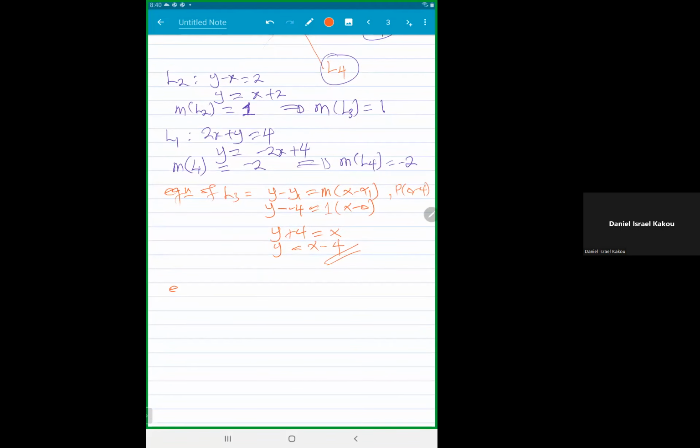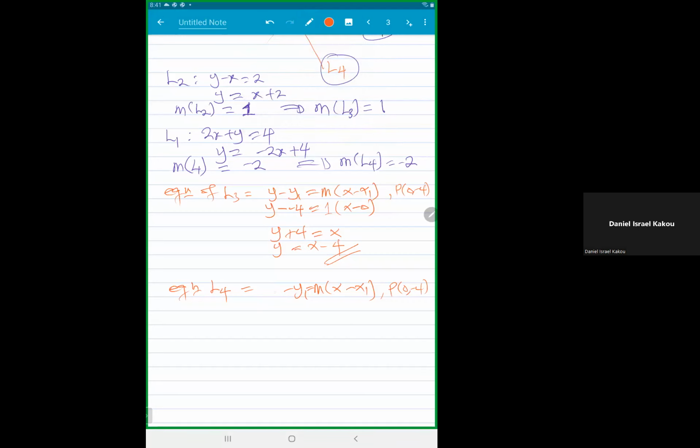I do the same for the equation of L4. And that is going to be y minus, it's basically the same formula. The only thing that changes is the gradient and the point. But in fact, the point is even the same because they are all passing through that same point. So I'm just doing substitution and changing the gradient. Sorry, I made a mistake here. So there is no 1 here.